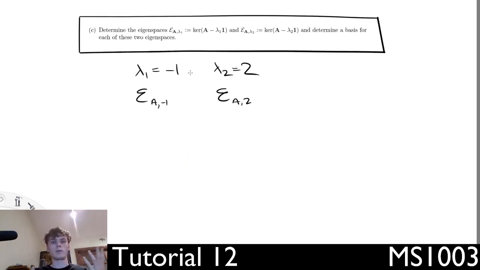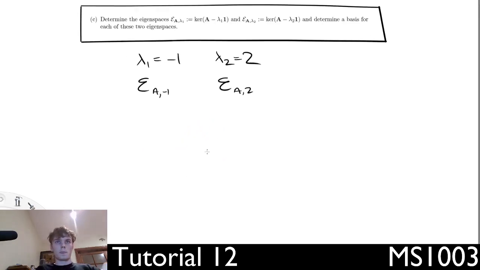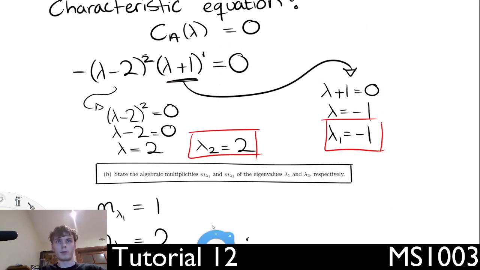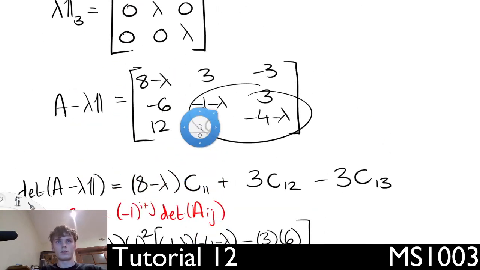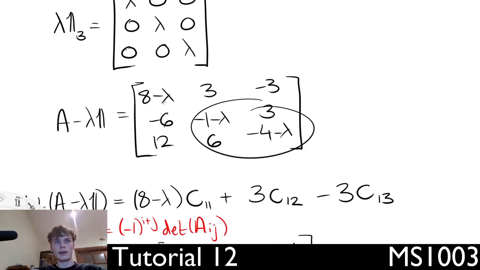So they're going to be the kernel of the matrix that we found earlier. That's easy. We just need to sub in the lambdas in the matrix we have up here. So A minus lambda 1 times I just means sub in the first eigenvalue here for these lambdas.